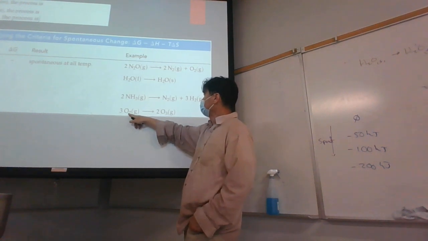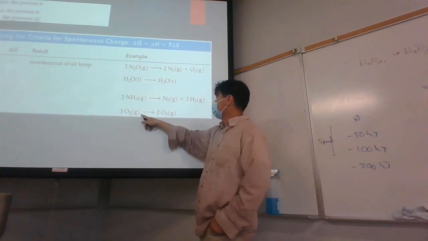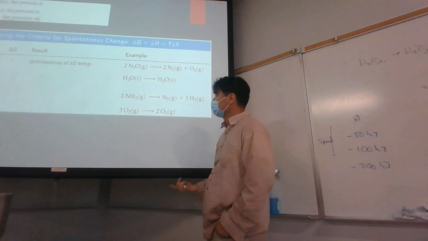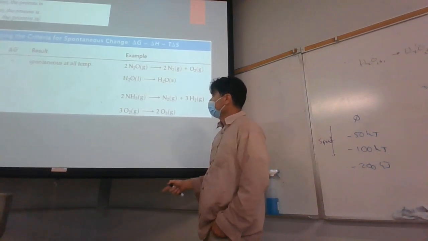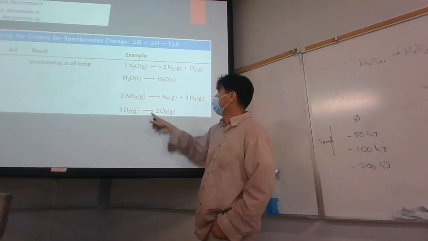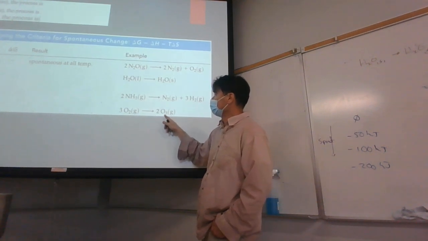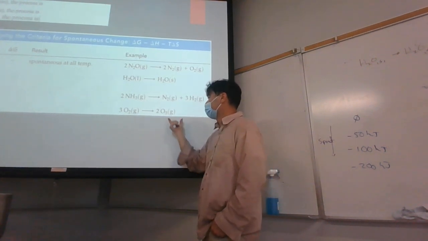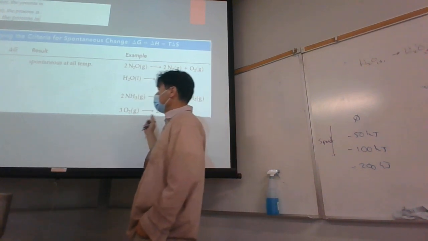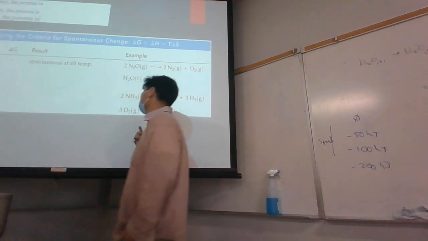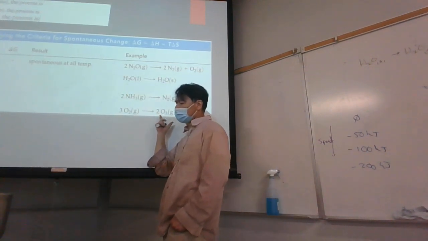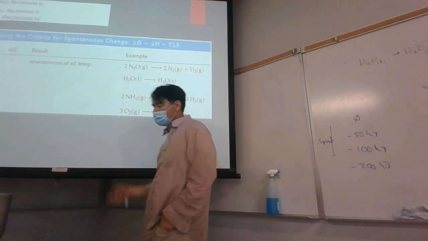And then this one here, we're going from 3 oxygens to 2 ozones. And so in this case, it looks like we're forming bonds, but ozone is a lot less stable. And so it has very reactive bonds. So this is going to be endothermic, which is unfavorable, and the entropy is going down, which is unfavorable. So this one's non-spontaneous at all temperatures. We can't make this one spontaneous.